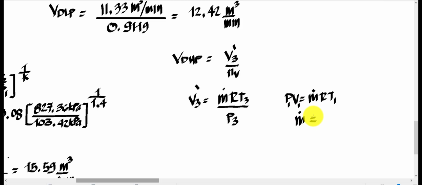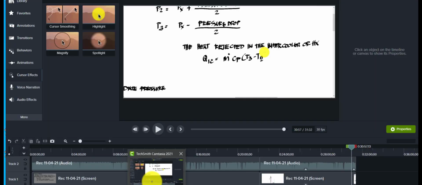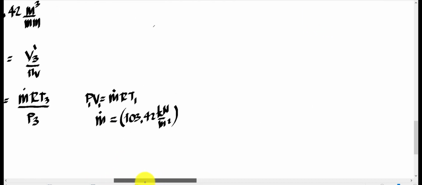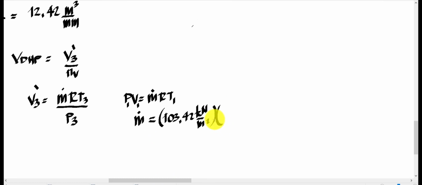So we have the pressure at point 1, which will be 103.42 kilonewton per square meter. Then multiply that by our volume flow rate at point 1, so we have 11.33 cubic meter per minute.